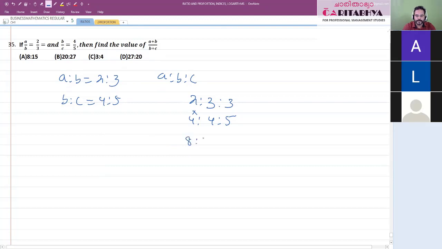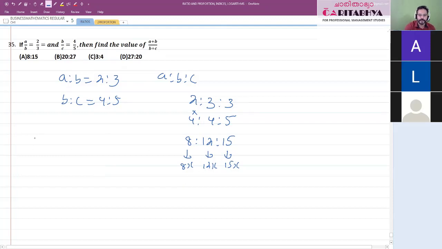So 8 is to 12 is to 15. It means 8x, 12x and 15x are the actual values of A, B and C.